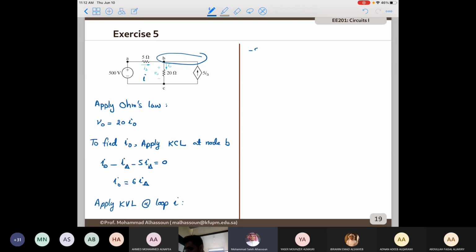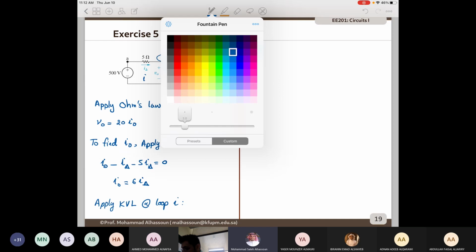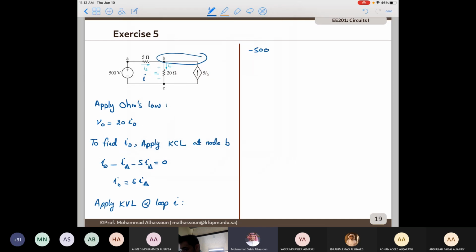So if I apply KVL, I'm hoping by this time you know how to apply KVL. Minus 500 plus, I'm going to express everything in terms of I delta, because that's the current.